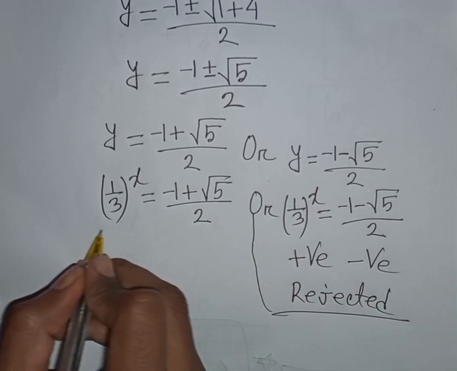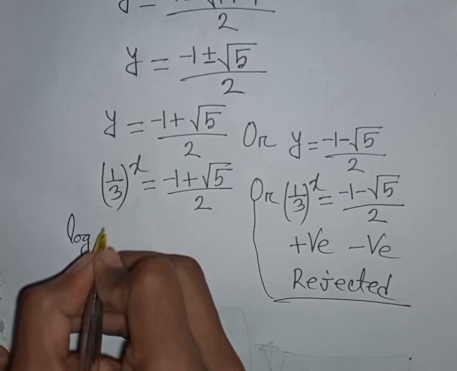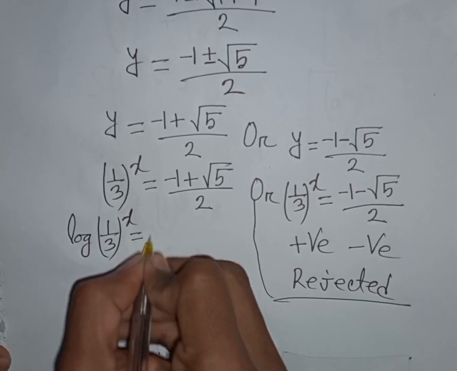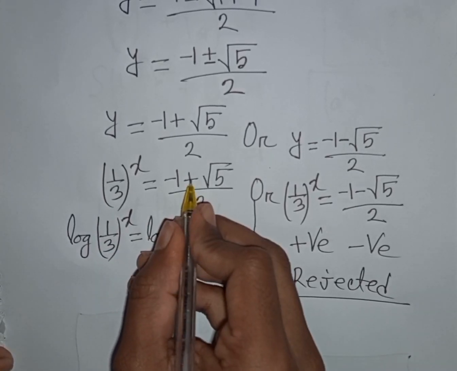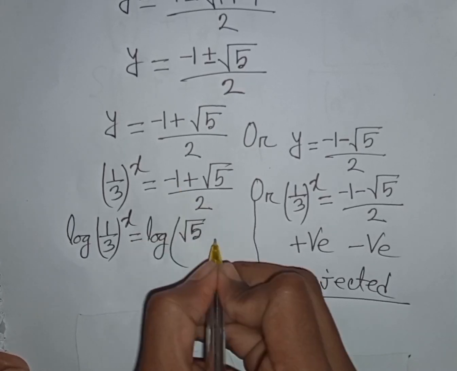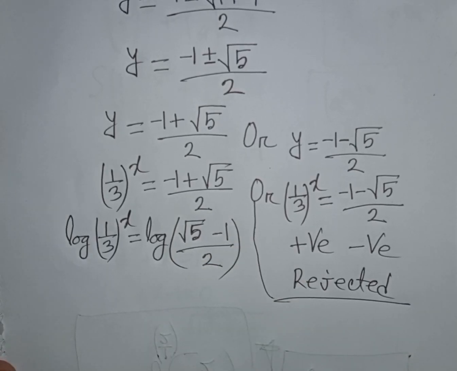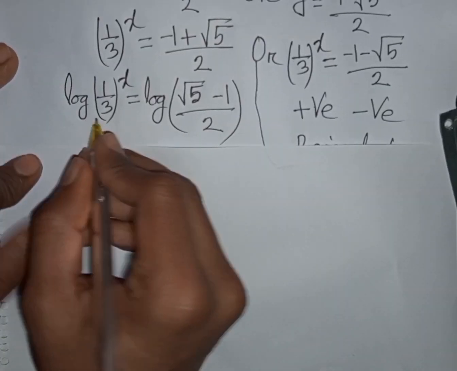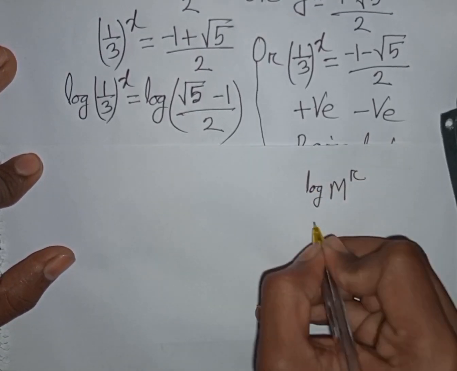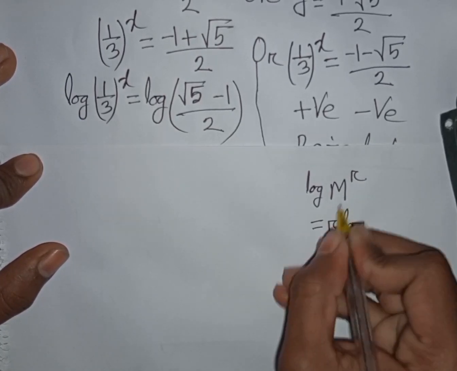Now from here we apply log on both sides. So you can write log of 1 by 3 bracket power x is equal to log of square root of 5 minus 1 divided by 2. Now here I can apply the rule that log m power r is equal to r log m.